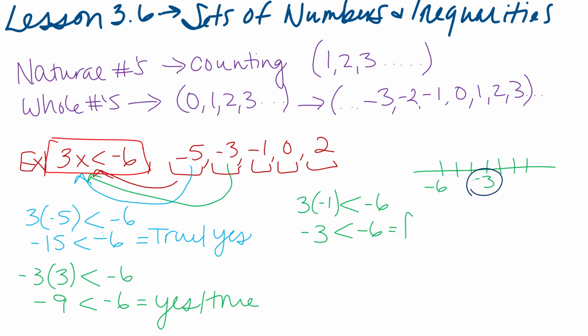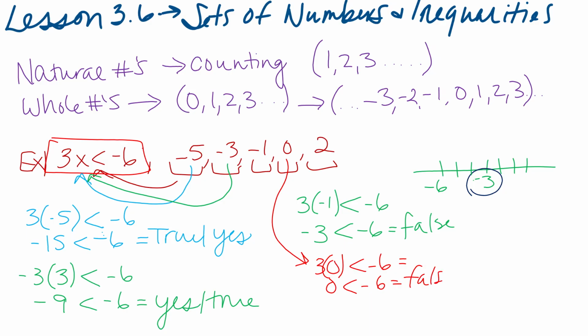It is not. So this answer is false. All right, now I'm going to use my 0. 3 times 0 is less than -6. Well, 0 is not less than -6. So this one is also false.